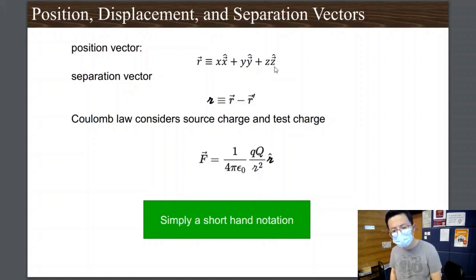Now say that we have two position vectors. We can define an additional vector called the separation vector. This is a special notation from Griffiths, supposed to be called curly r, and this notation was invented, I think, by Griffiths.